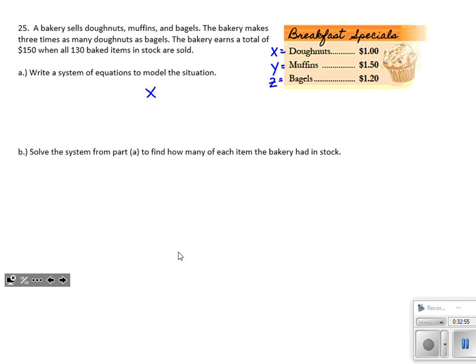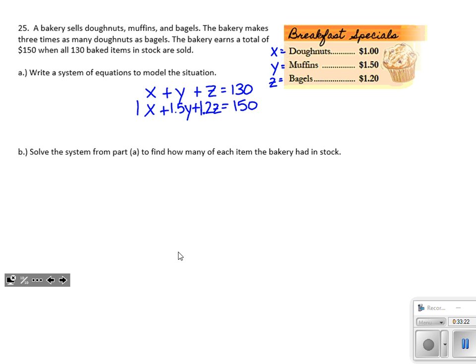That means the number of donuts plus the number of muffins plus the number of bagels had to be 130 items total. And then it said they earned a total of $150. Well, that's $1 times the number of donuts they sold, plus $1.50 for every muffin they sold, plus $1.20 for every bagel they sold.